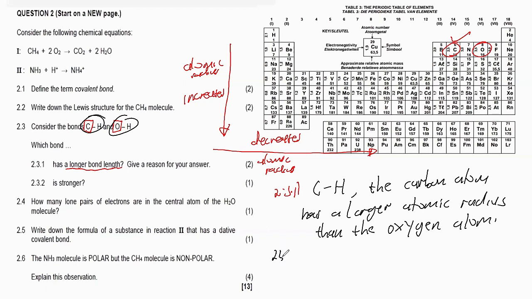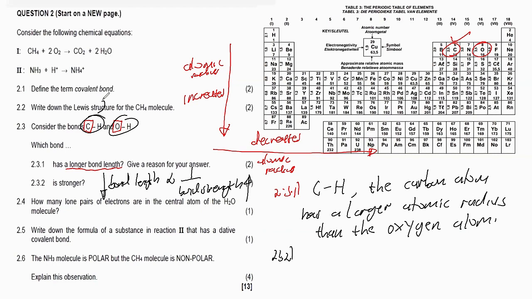Now in 2.3.2, they're asking which one will be stronger. When it comes to bond strength, what you need to realize is that bond length is inversely proportional to bond strength. What is the meaning of this? It means the shorter the bond length, the stronger the bond strength.